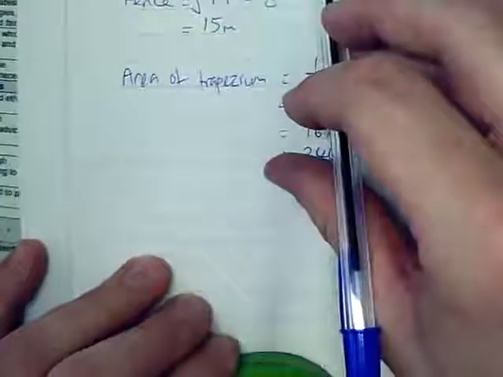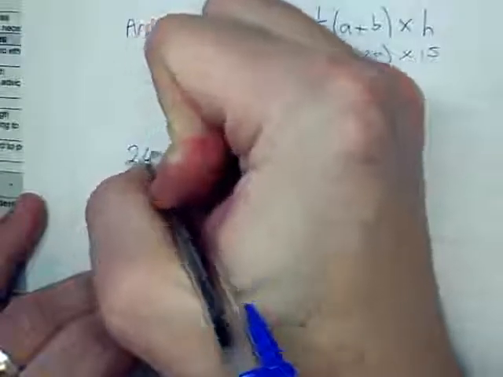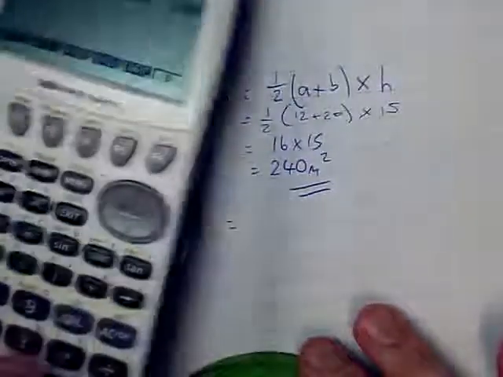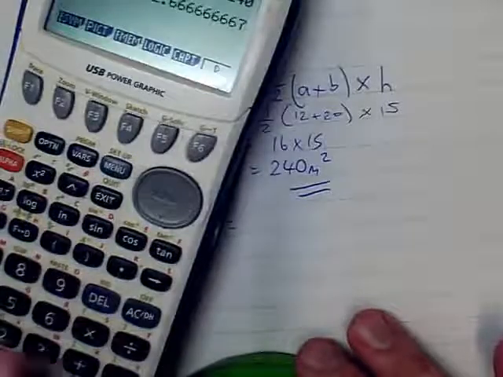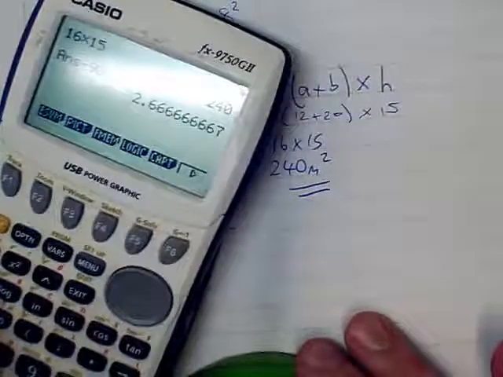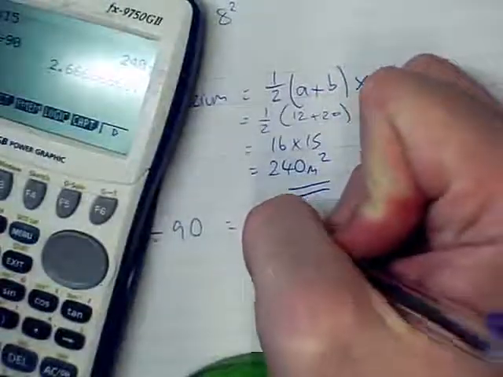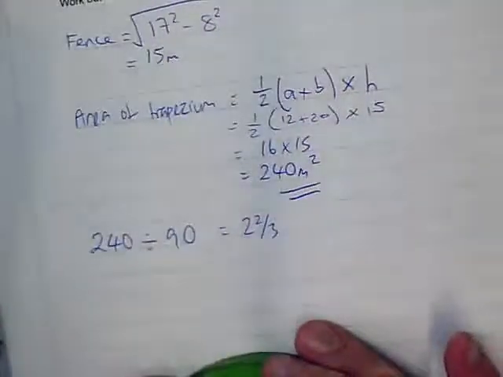So it says 1 can of weed killer covers 90 square meters. If I divide this by 90, it will tell me how many cans I'm going to need. And that gives me 2.6 recurring. So that's 2 and 2/3. I'll give that answer because it's more accurate.